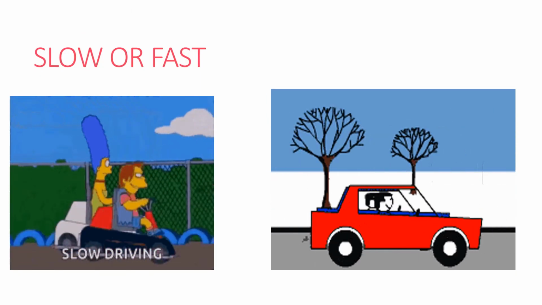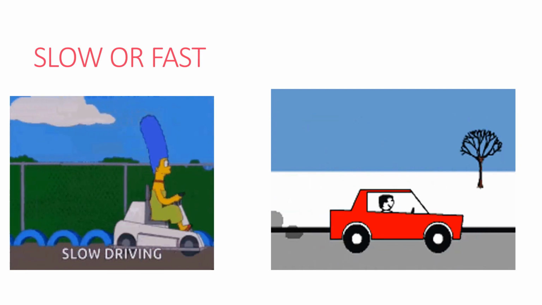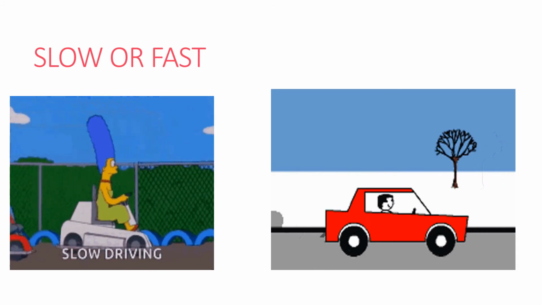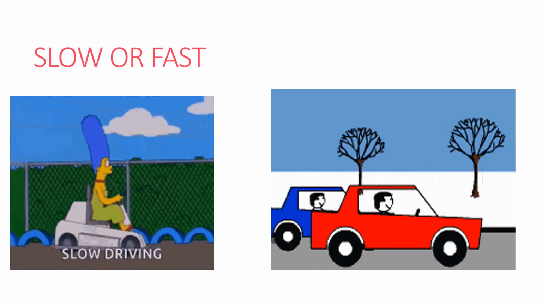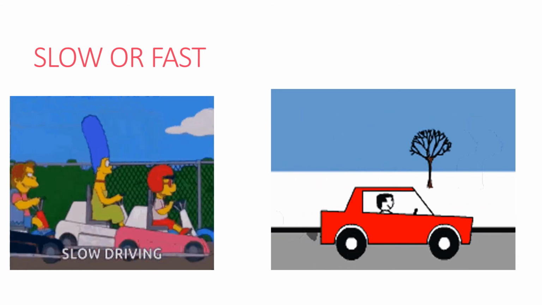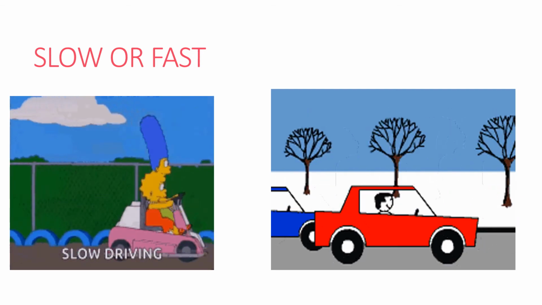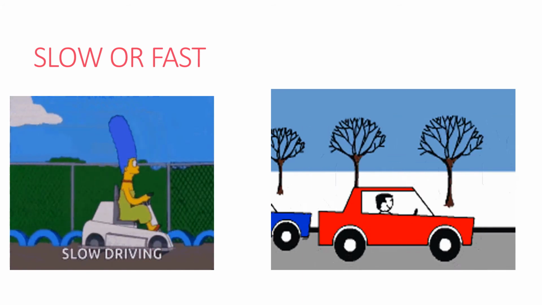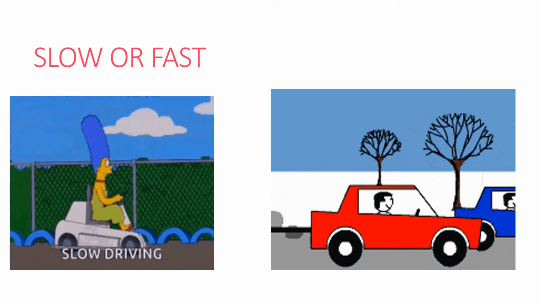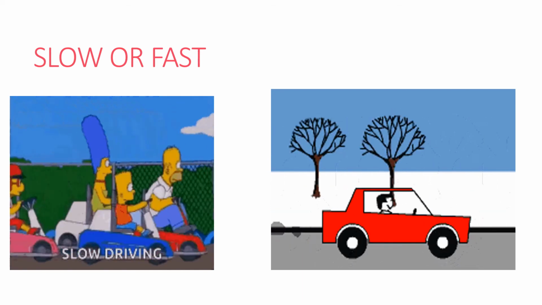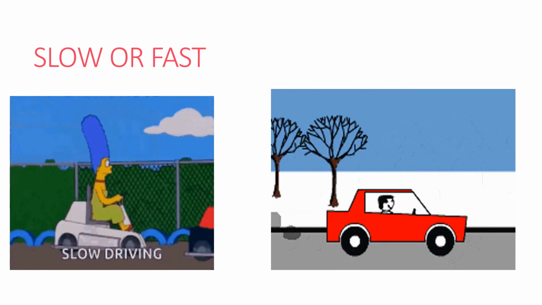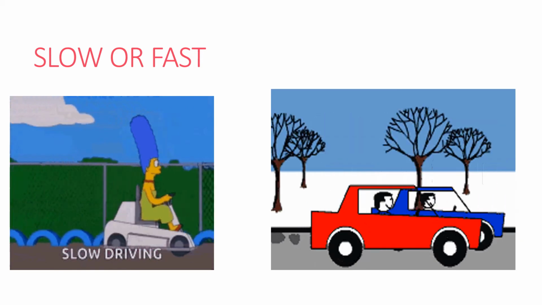We know that some vehicles move faster than others. Even the same vehicle may move faster or slower at different times. If vehicles are moving on a road in the same direction, we can easily tell which one of them is moving faster than the other. The distance moved by objects in a given interval of time can help us to decide which one is faster or slower.